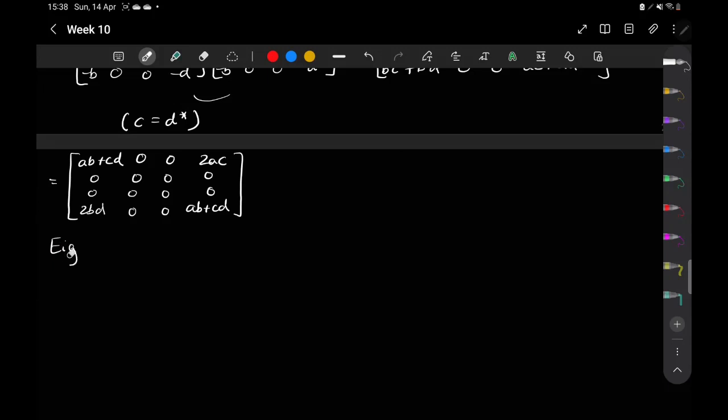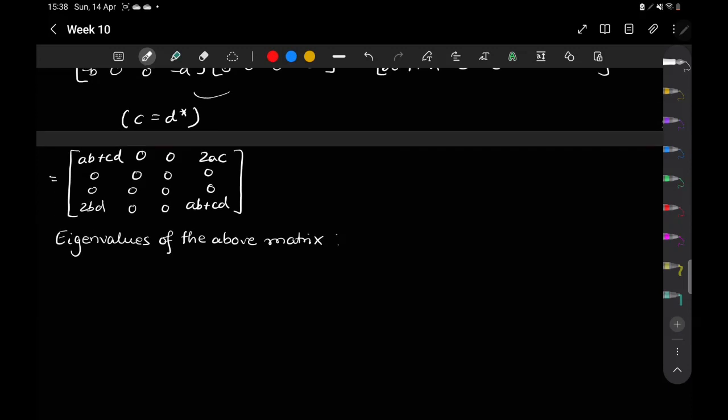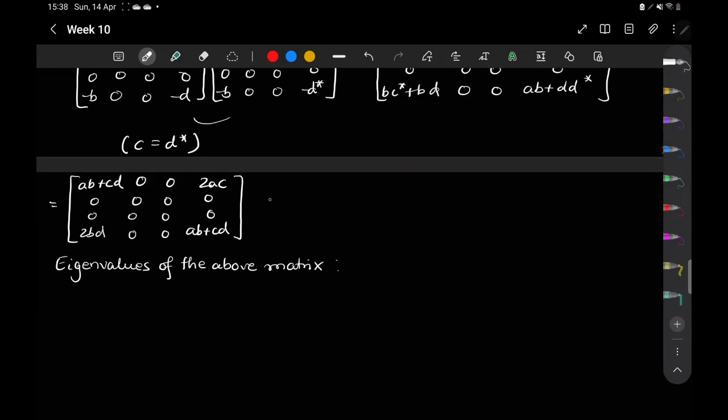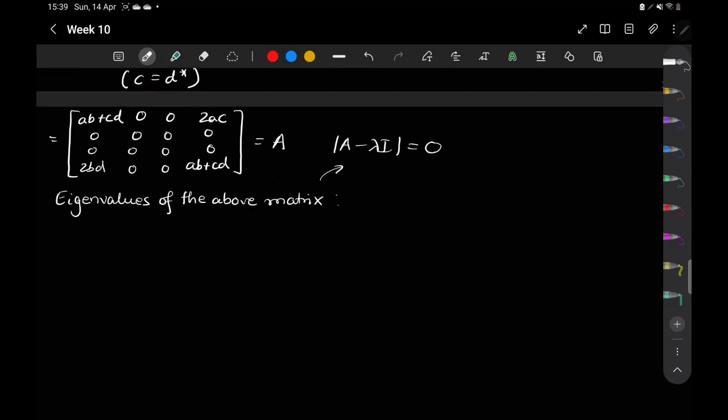now eigenvalues of this above matrix we need to find out. So eigenvalue of a matrix, if this is the matrix A, then eigenvalues are given by determinant of A minus lambda I equals 0. This basically gives the eigenvalues.